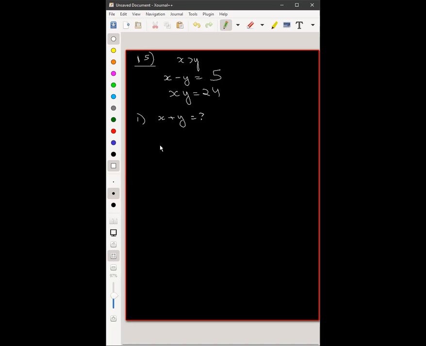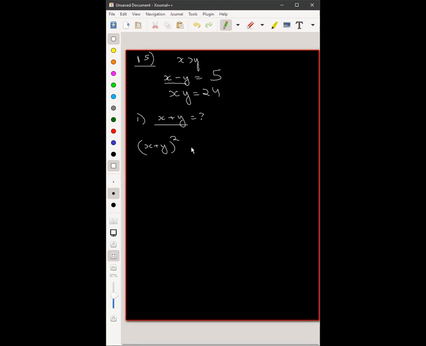Tell me, what do we do? Here we can use x plus y, the whole thing square, and x minus y, the whole thing square. Do we have an identity for this, which relates x plus y and x minus y? Yes. What was it? No, Sarah, you need to learn the 16 identities I gave you.